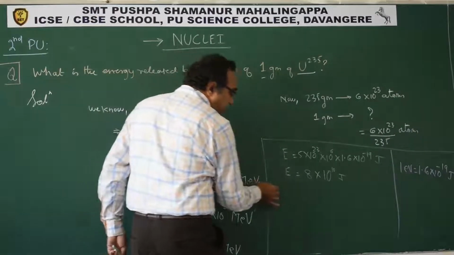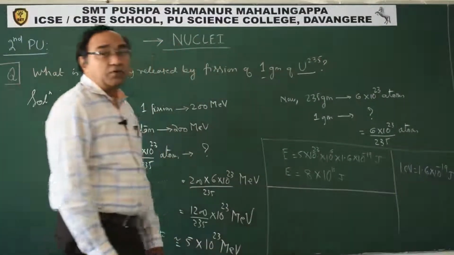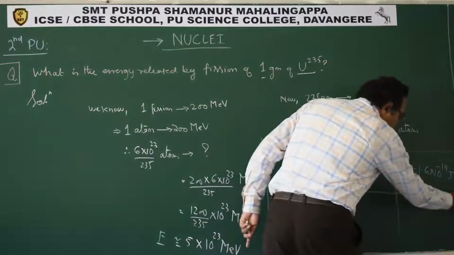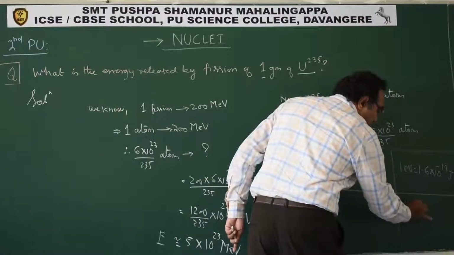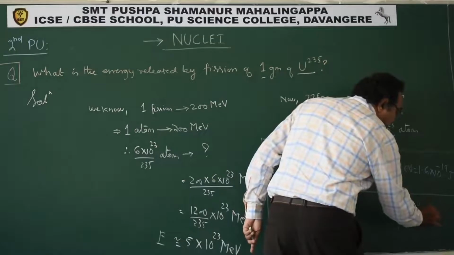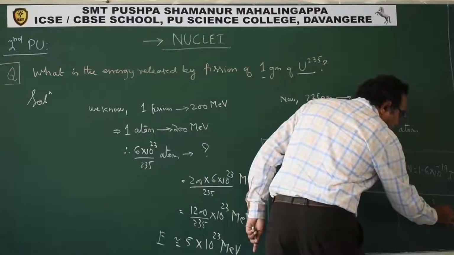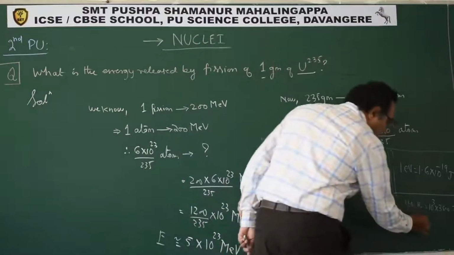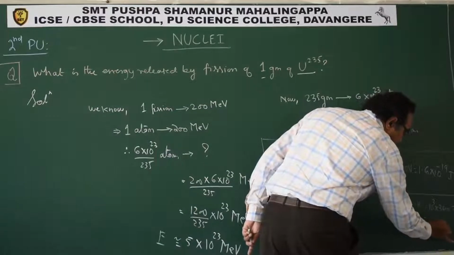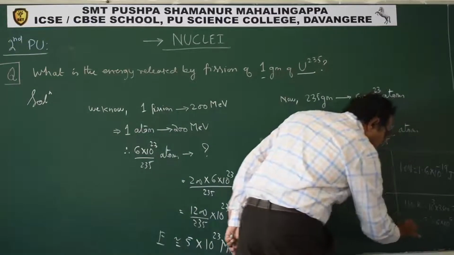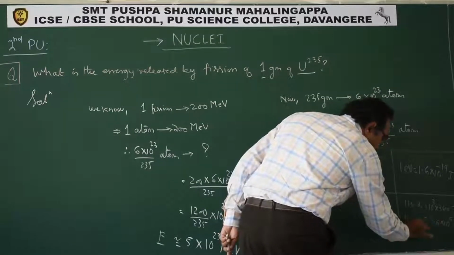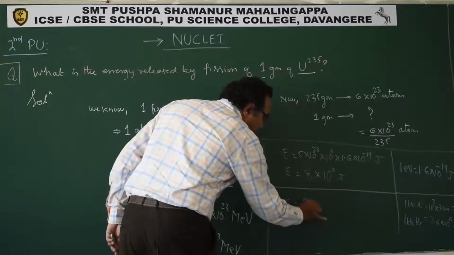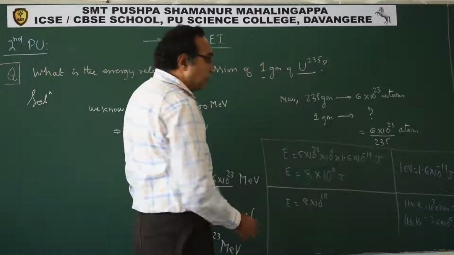Now the next part, if I want to convert this into kilowatt hour. 1 kilowatt hour is 10 power 3 into 3600 joules. This can be written as 3.6 into 10 power 6 joule. That is 1 kilowatt hour. So the energy is 8 into 10 power 10 joule.